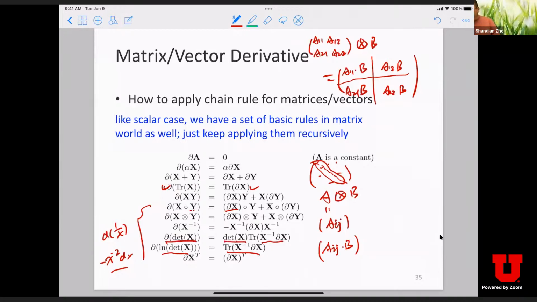Actually, this rule can be derived directly from the previous one. I will leave it as an exercise for you. Just apply the chain rule, one step, and you get it. And finally, I want to mention that this is also very simple: the derivative of the transpose of x is the transpose of the derivative. So overall, these are a set of the most useful rules when you derive or calculate.